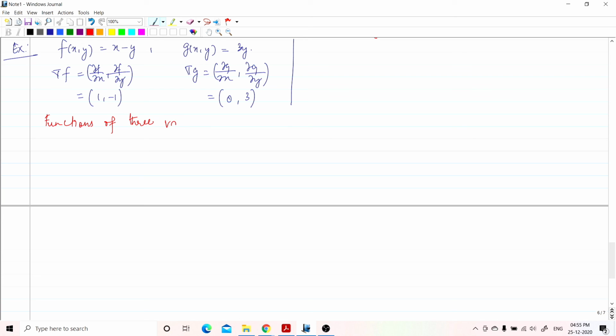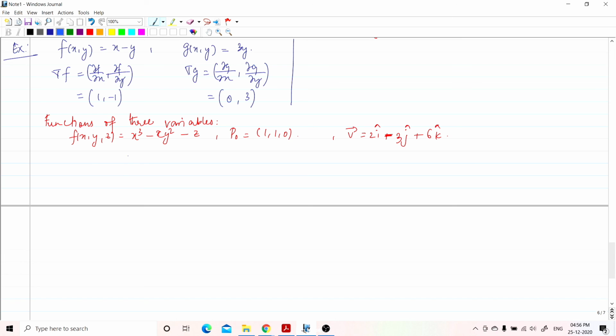Let me give you a function which is x cubed minus x y squared minus z, at the point (1, 1, 0), and in the direction of the vector v equal to 2i minus 3j plus 6k. Let us find the directional derivative.